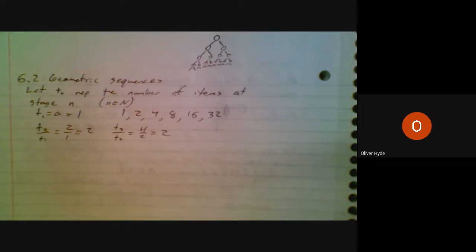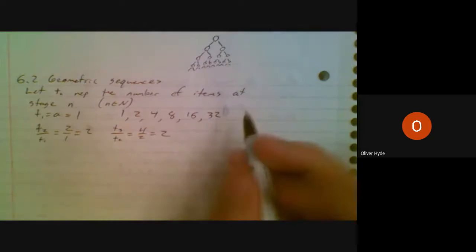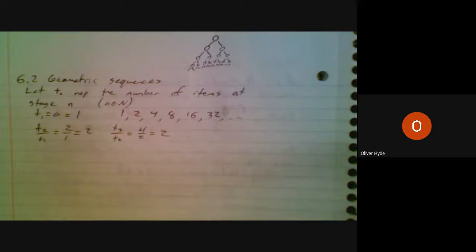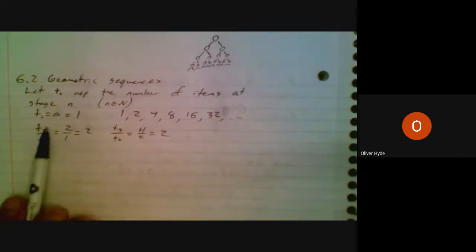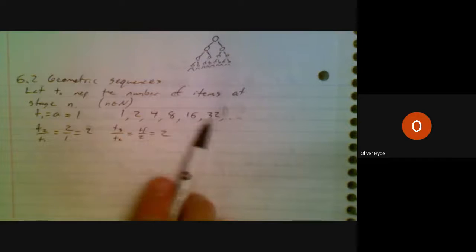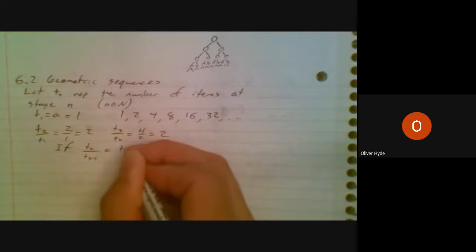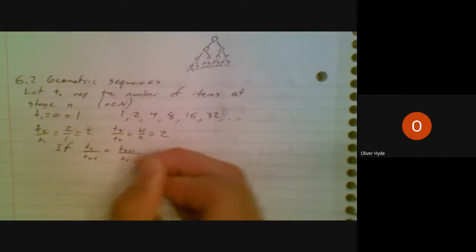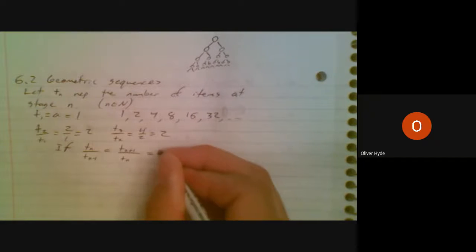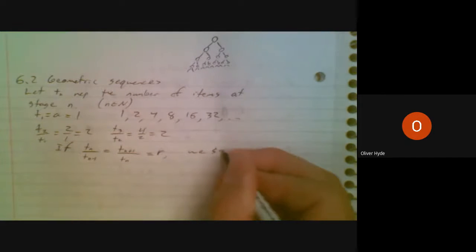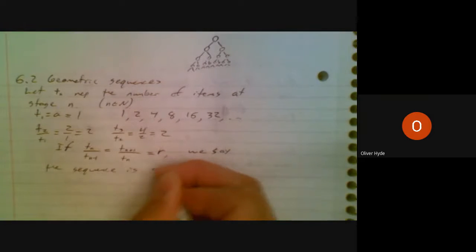I'll be very careful about this in lesson 6.3, but usually if you find a pattern between two terms, you don't need to show this pattern to be true for every single other pair. You don't need to use 3 and 2 and 2 and 1 either. We call this a common ratio if the ratio of any future value to some previous value is equal to some r value, and we say the sequence is geometric.